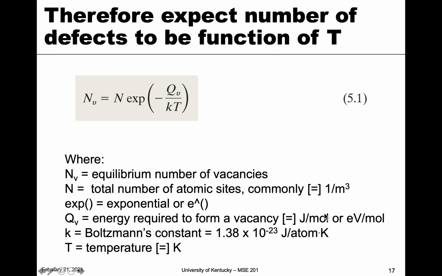So we're normalizing this per mole. And then below that, in the denominator, we've got Boltzmann's constant, which is a thermodynamic constant, which is given here, and that is in joules per atom Kelvin, and then temperature. And this is in K or Kelvin as well.